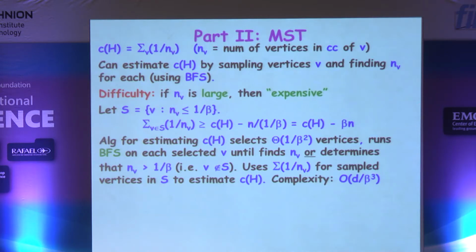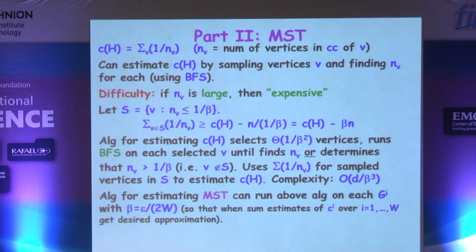If we go over 1 over beta for n of v, then we stop and just ignore that. That's somebody that is not in S, somebody that belongs to a big connected component, and we don't care about them. For those that do belong to small connected components, we'll take their sum in the sample, and from that we'll get an estimate of the number of connected components, and basically this will be the complexity.